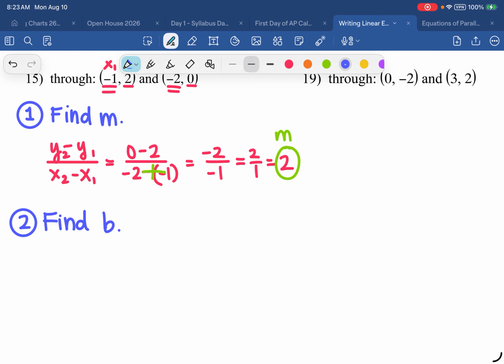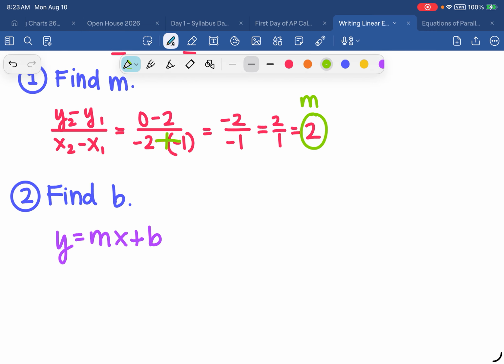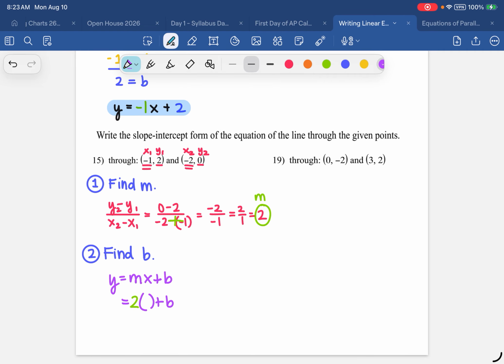To do that, I like to start with the slope-intercept form, y equals mx plus b, and plug in everything that I can. I found that m was 2, so I can plug that in. I don't know b, but I can plug in a number for x and a number for y, and I get those numbers from one of these ordered pairs up here.